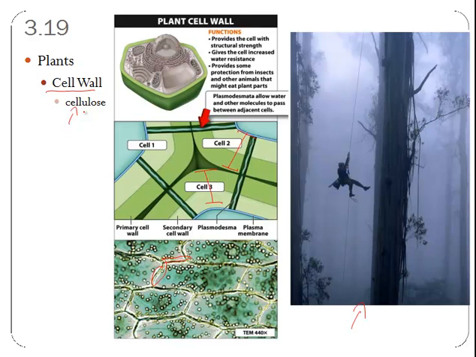Another example is cows. We're in Iowa, so maybe you've seen cows standing out in a field, and cows eat grass, right? Cellulose. And in order to digest that, they're ruminants, so their stomachs have multiple chambers. They'll chew the grass for a while, and they'll swallow it down, and it will roll around in their stomach, which also contains a similar type of bacteria that can break cellulose down into sugars.